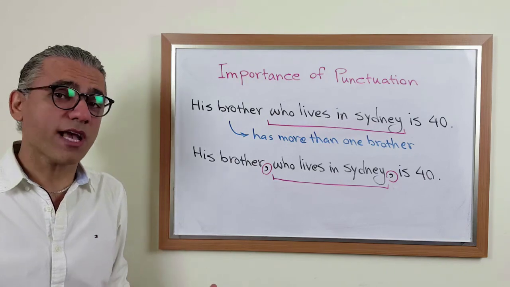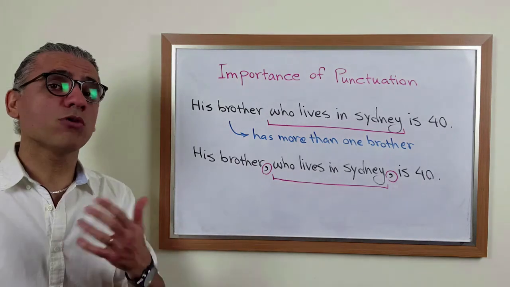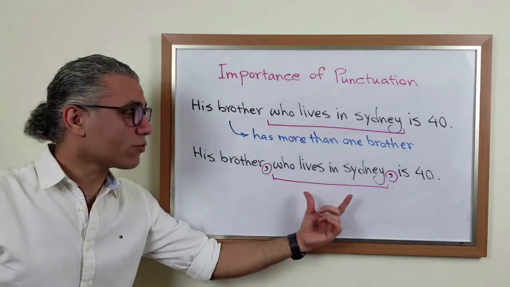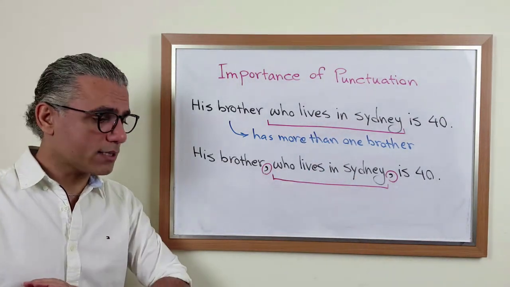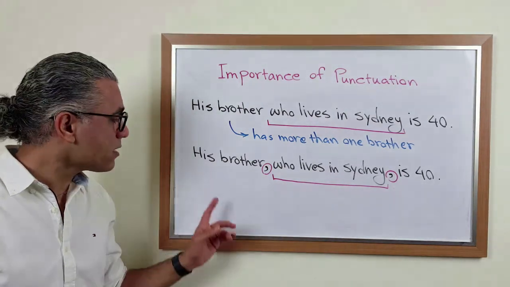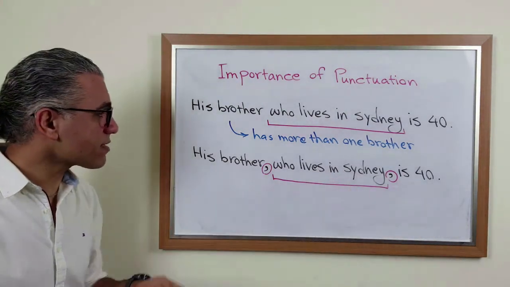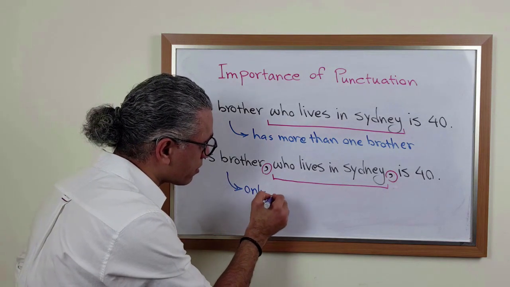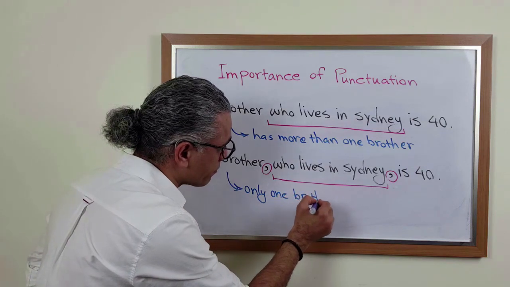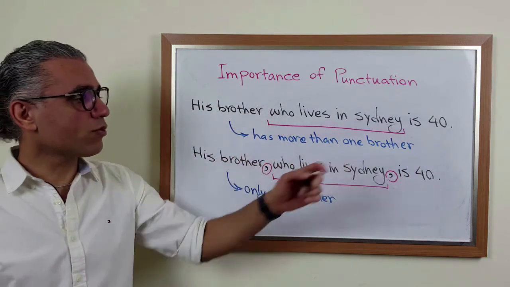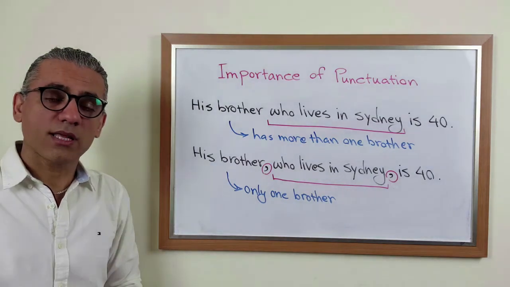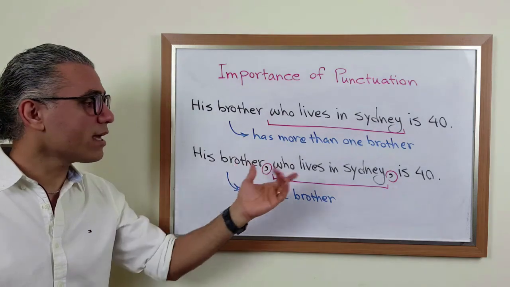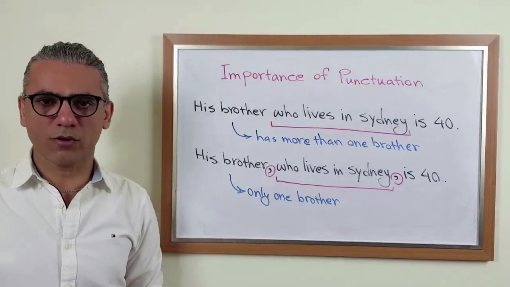It is very helpful if you know the role of punctuation in a non-defining relative clause. His brother, this is a non-defining one. It means you can remove it from the sentence and the meaning will stay intact. His brother is 40. It means that person only has one brother. So, has more than one brother and only one brother. This is the importance of punctuation in defining the difference between a defining relative clause and a non-defining relative clause.